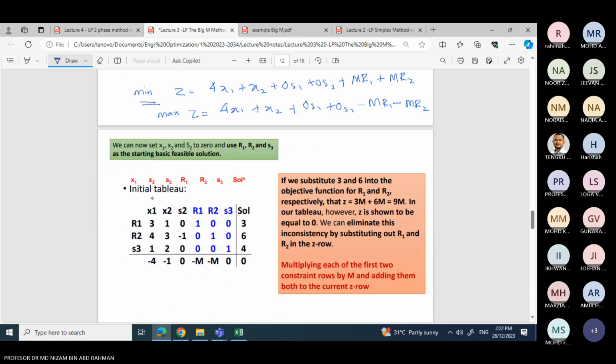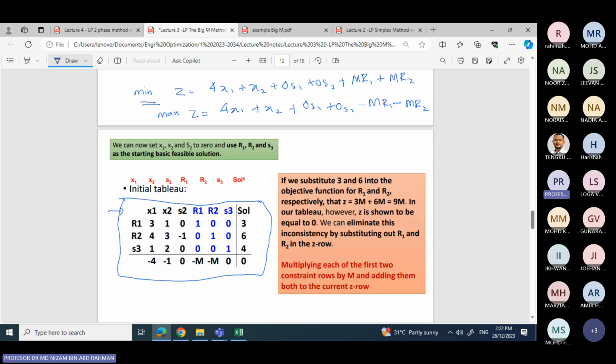Now once we have these equations as such, then basically we come up with the initial tableau. The initial tableau is just what we did last time, where on the first row you have x1, x2, s2.